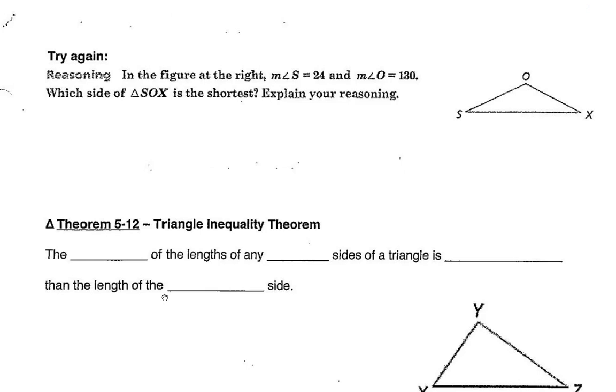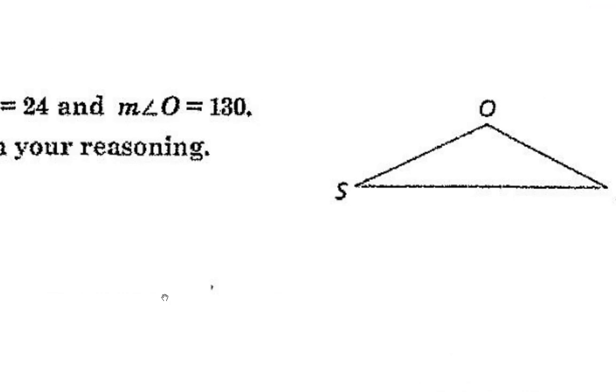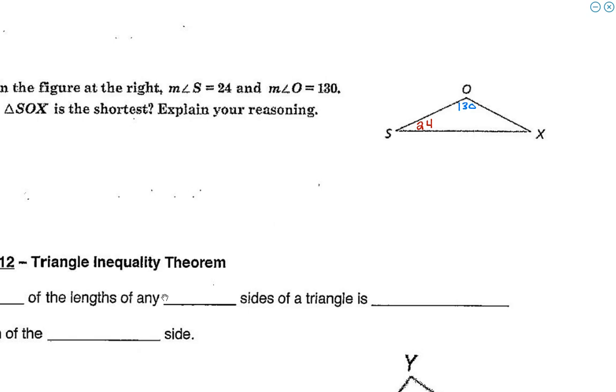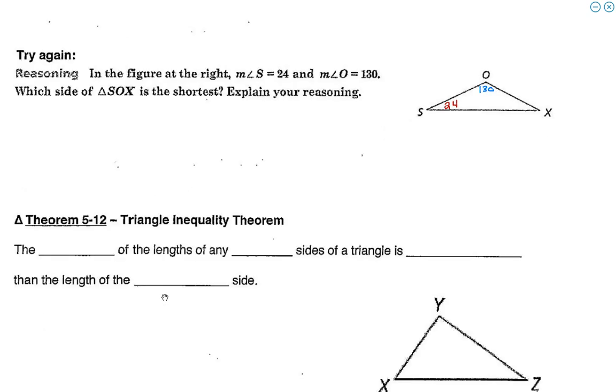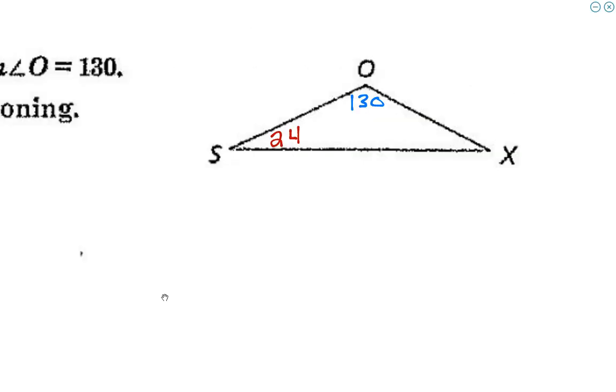All right, in the figure at the right, the measure of angle S is 24, and O is 130. Which side of triangle SOX is the shortest? Explain your reasoning. So we'll talk this reasoning out. We have the triangle angle sum theorem.